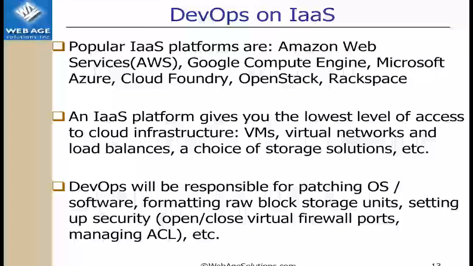On IaaS, DevOps would be responsible for some of the administration aspects, even though lots of things just magically go away. You don't have any fixed costs. You don't need to buy physical hardware.